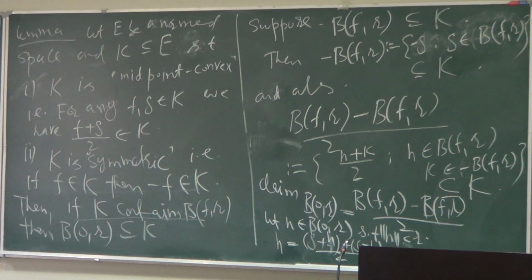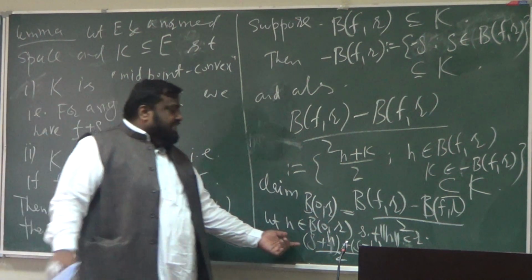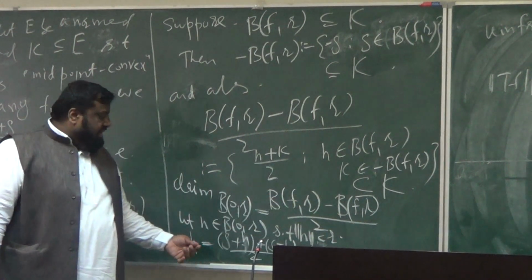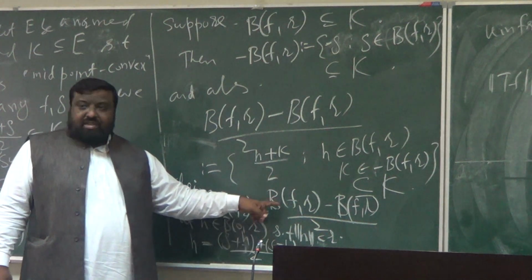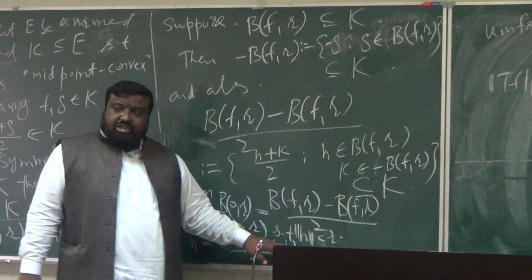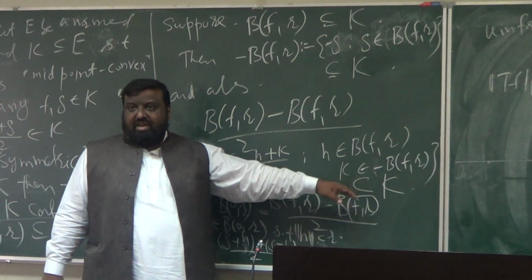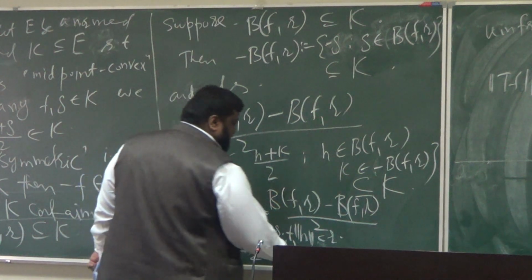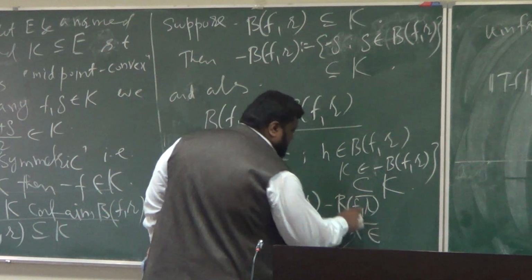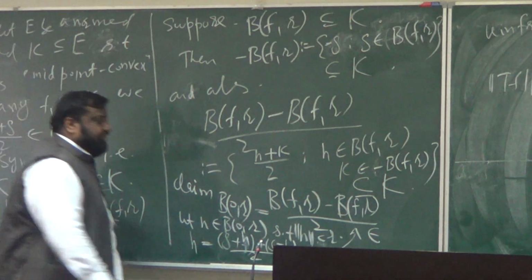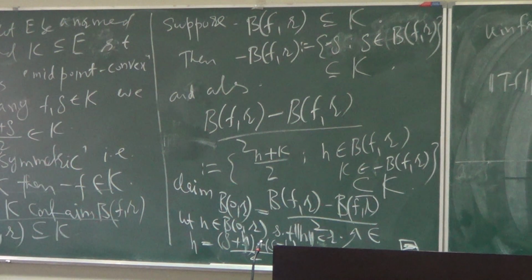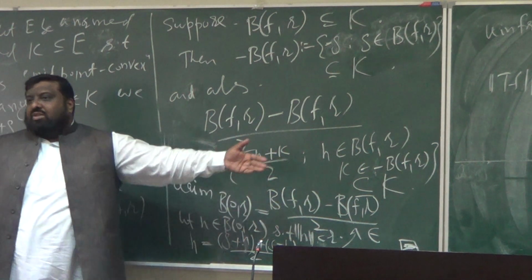G plus H minus G minus H. So is G plus H an element of BFR? If I take G from BFR, so G plus H over 2 is an element in BFR. And G minus H over 2 is an element in B minus FR, and hence this guy must belong to this set. Okay? This completes the proof. Since this is contained in K, so obviously B0R is contained in K.